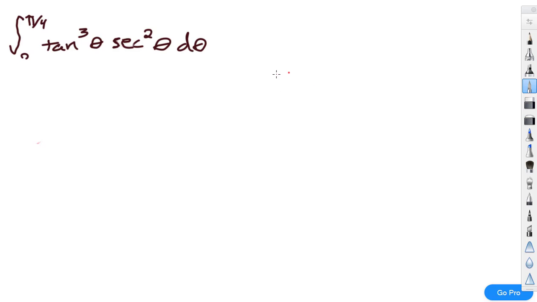Alright, so we're going to end section 5.5 with two last examples just in case you want them. So here we have the definite integral from 0 to pi over 4 of tan cubed times secant squared d theta. Now we're going to use u substitution here, and I'm going to notice that I have tangent here and I have secant squared here.